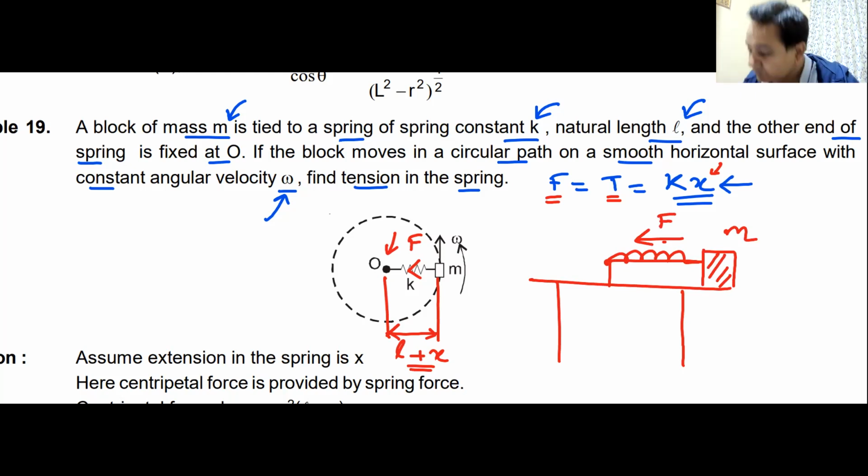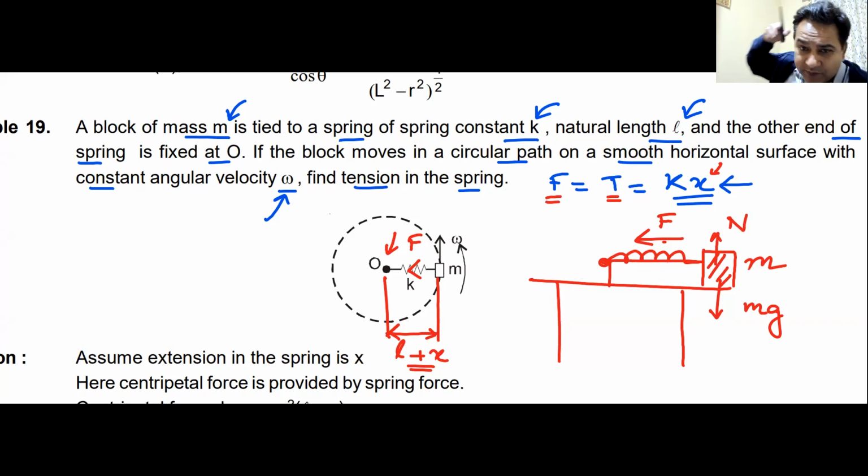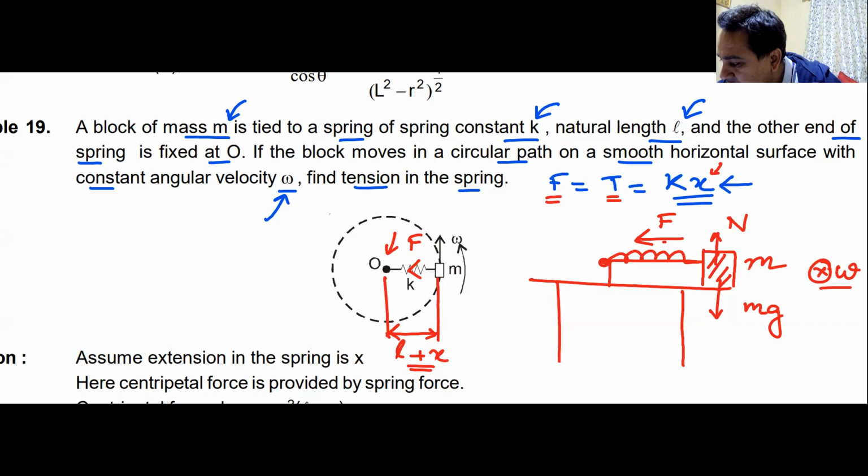Okay. Then you have the mass of the block, mg, the weight of the block coming down, and the normal reaction N going up. And it is moving in a circular path, so it will be going in and coming out. I am assuming here that it is going in, so I have put a cross and I have put omega. So far, so good.